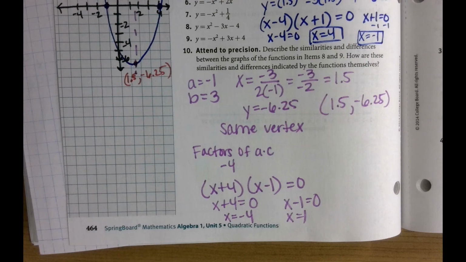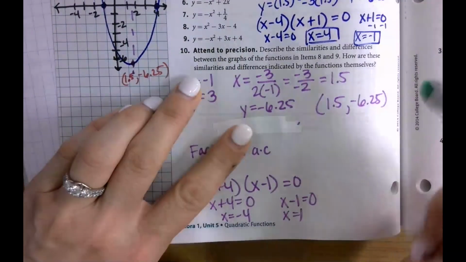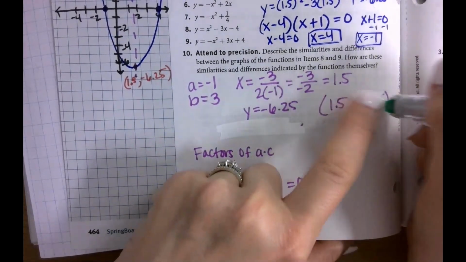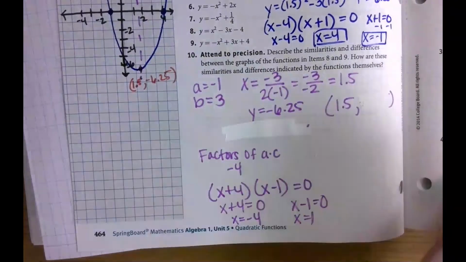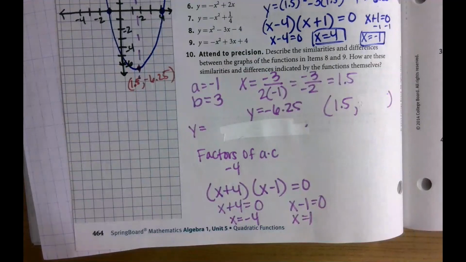I assumed my vertex would be the same, but I just realized the equation's not the same. So when I got the same answer for x is 1.5, I should not have assumed that my y value would be the same, because I, just like you, make mistakes. So I am just modeling that mistakes happen, and sometimes we have to go back and fix our work.